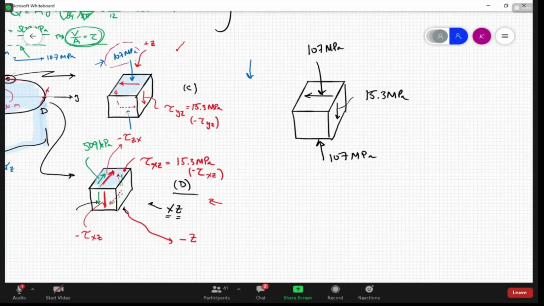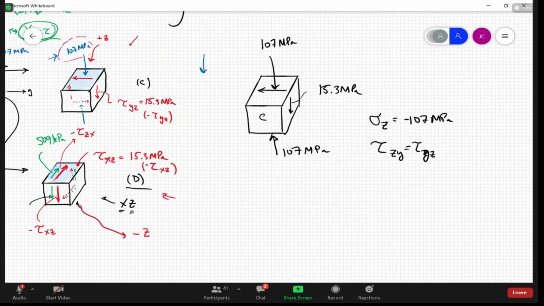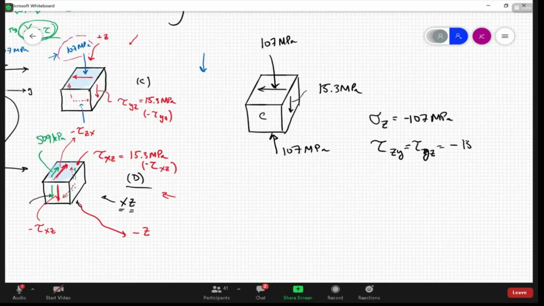This is at point C, right? If you want to be technical about this, you could also say that the normal stress in the Z direction is minus 107 megapascals, and the shear stress YZ equals ZY, and that equals minus 15.3 megapascals, right?